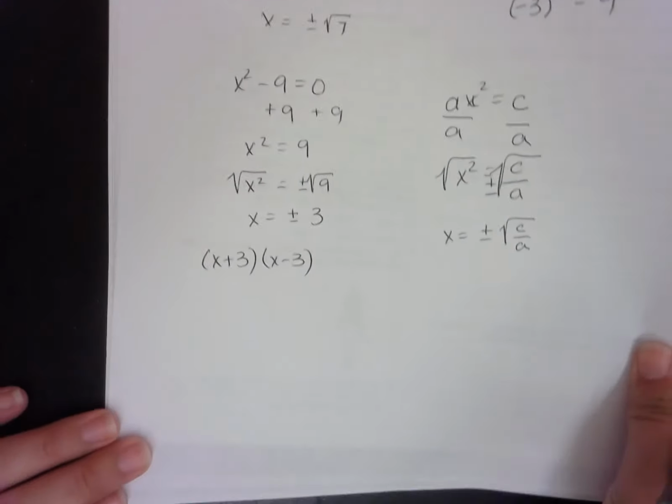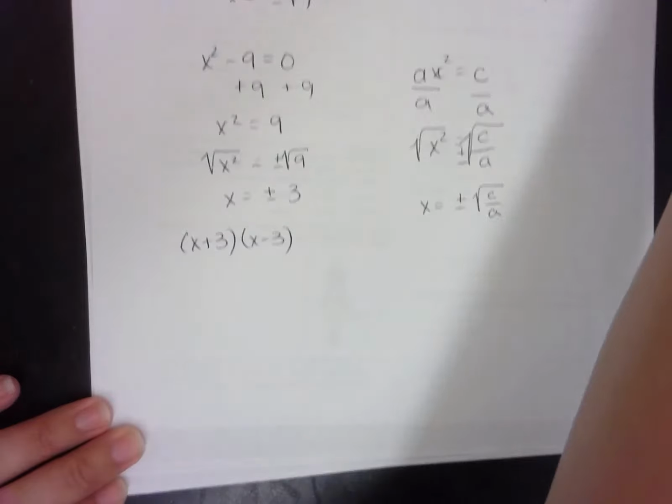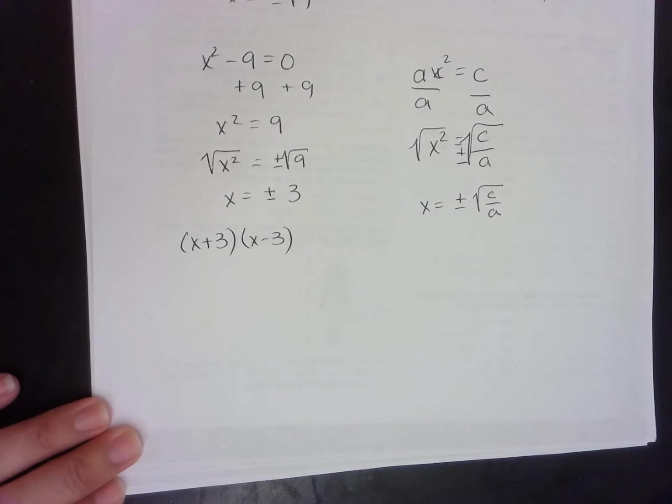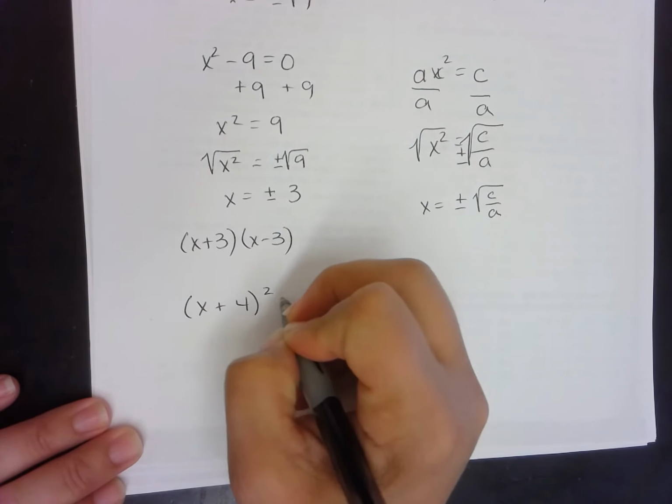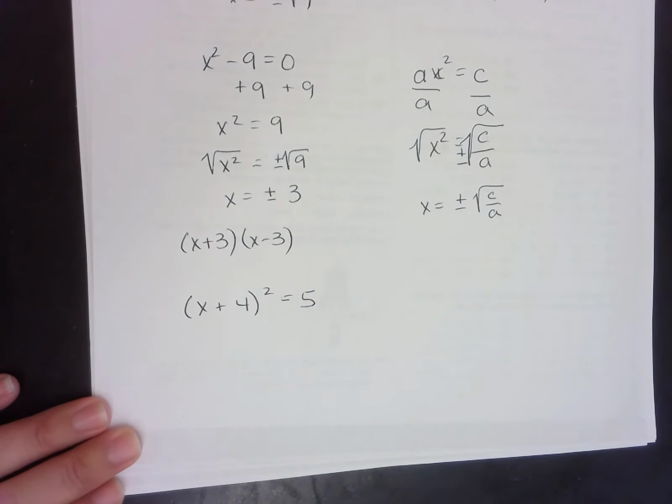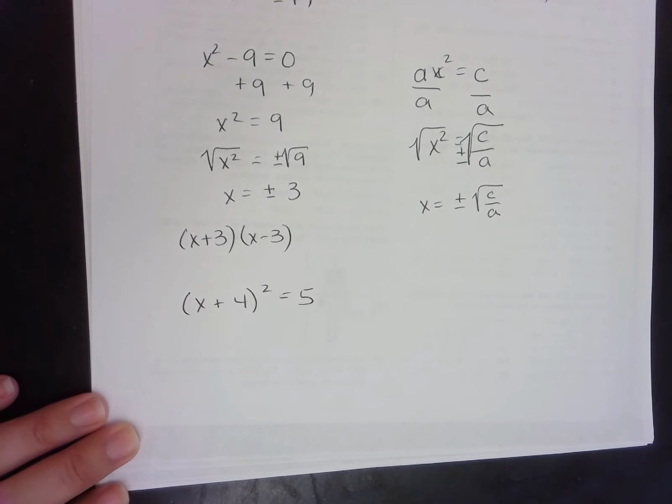Now this will also generalize to things that are a little bit more complicated. For instance, if I have x plus 4 quantity squared is equal to 5. As long as I have something squared equal to something else, I can always use the square root method. It works for x or any variable, as long as my variable is completely contained inside that squared piece.